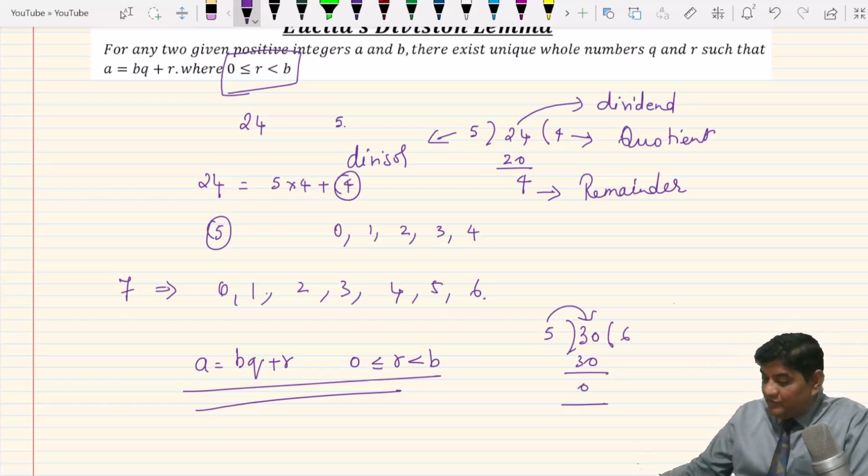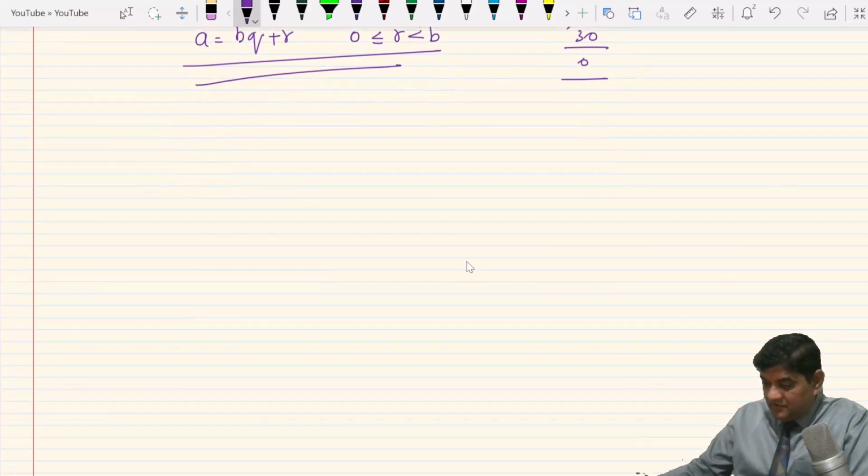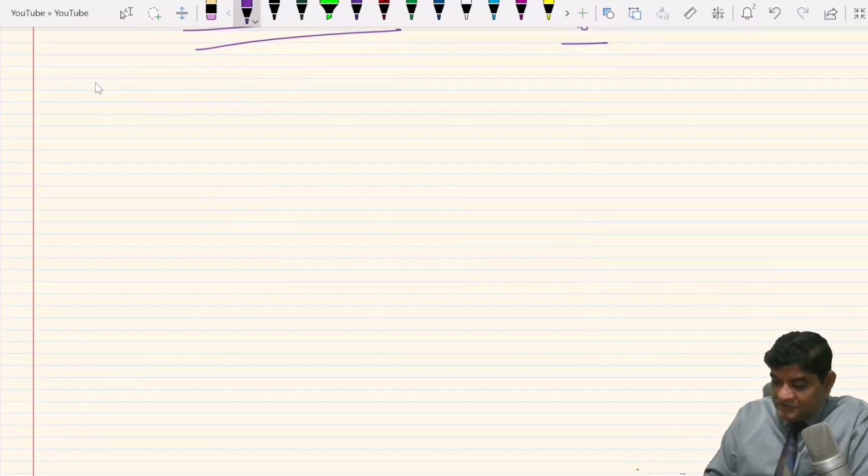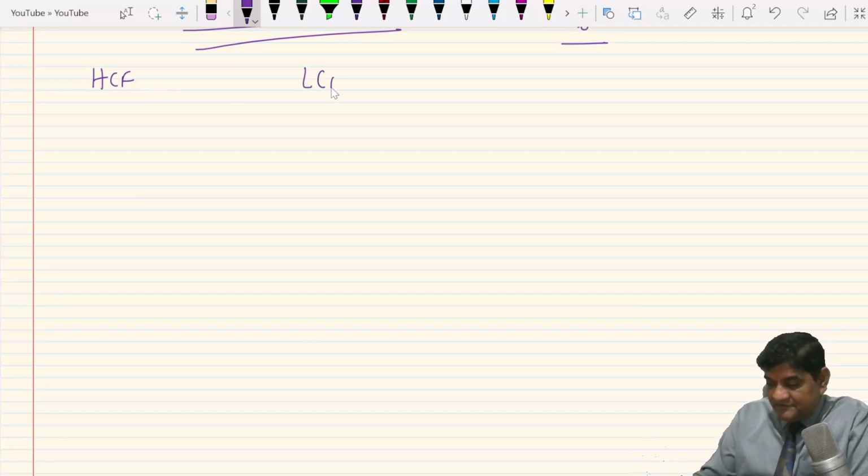Now, along with that, you need to know another aspect, which is how to find the HCF of two numbers and the LCM of two numbers, and the meaning of HCF and the meaning of LCM. HCF simply means the highest common factor.